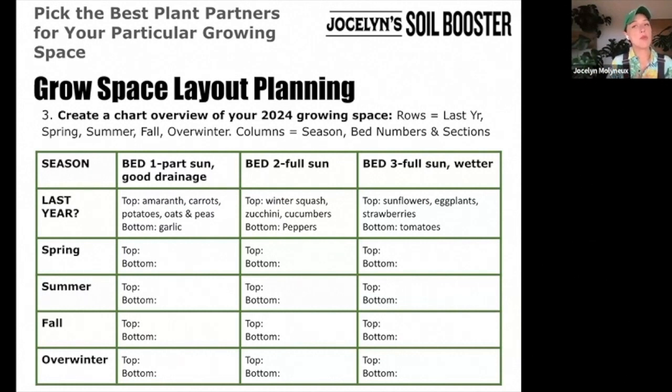But a really key point is that at this point, if you are going to be growing any new crops or crops that you aren't particularly familiar with, you would want to do some research, and find out some of the key best practices around growing that particular plant. What conditions does it like? What soil does it like? How long does it take to go from planting to harvest?